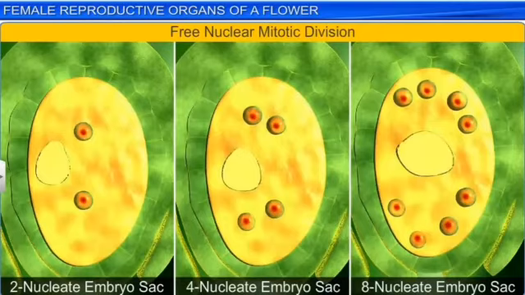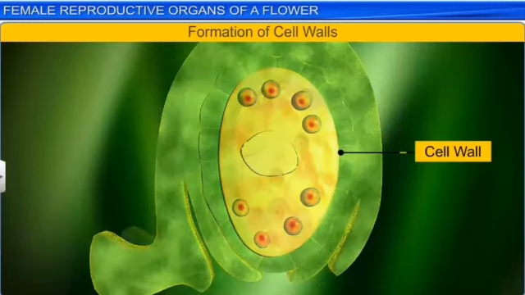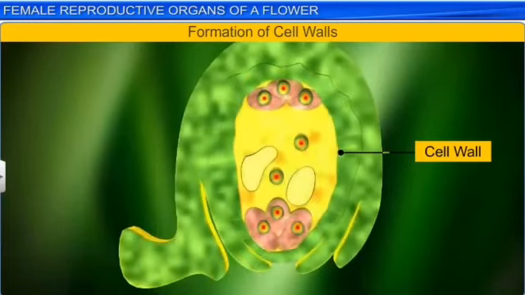Furthermore, this arrangement of the 8 nucleate stage of the embryo sac is directed by certain enzymes and certain hormones. They play a huge role in the arrangement of the 8 nucleate stage of the embryo sac.